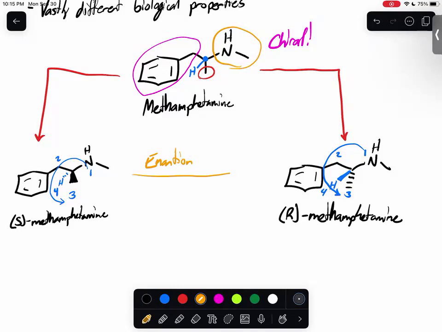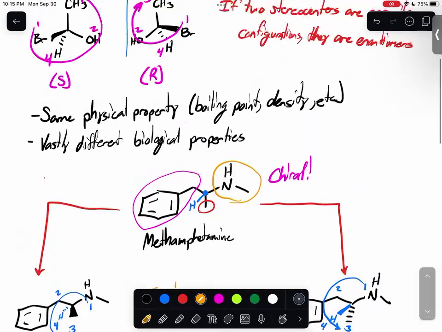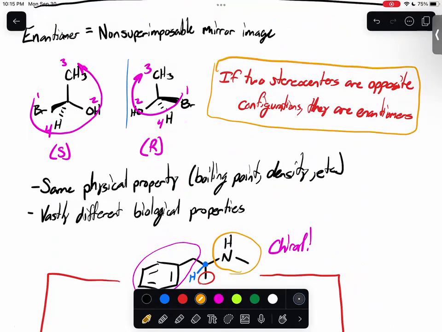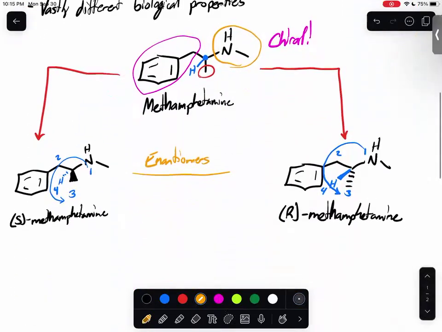right? The reason we can say that is because we know that if two stereocenters are opposite configurations, they are enantiomers, and that means that they are non-superimposable mirror images of one another. So the thing about these enantiomers, though, is that physically they have the exact same properties. But in a biological system, like your body, they have very different properties. For example, the one you may be very familiar with is S-methamphetamine, right?